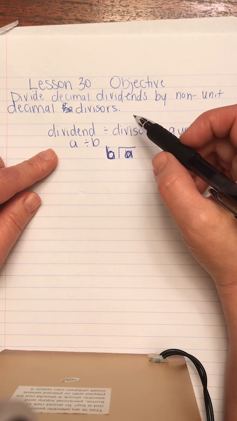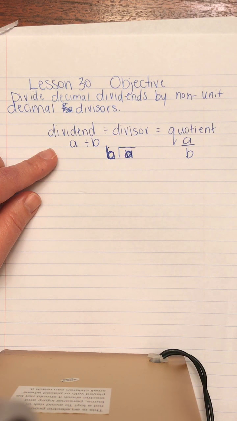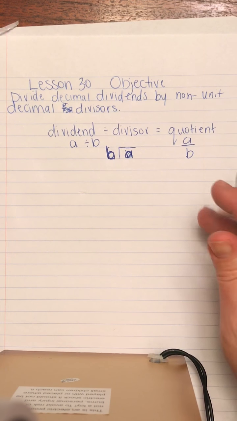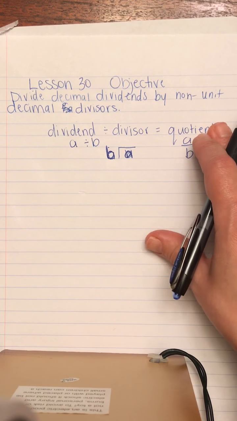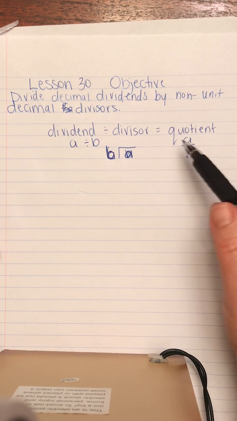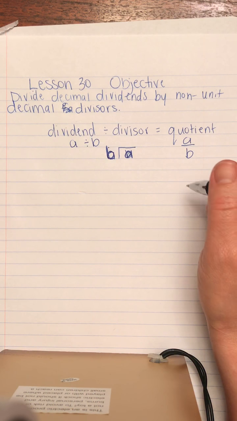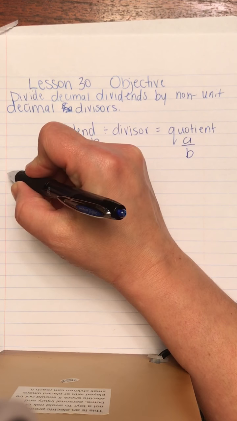So we had decimal divisors in our last lesson, lesson 29, where it was things like dividing by 0.1, and so we worked through those. So today we're going to look at non-unit, which means ones that are not going to be just all nice and neat with a 0.1 or 0.01 in the tenths and hundredths. So let's do a quick review.